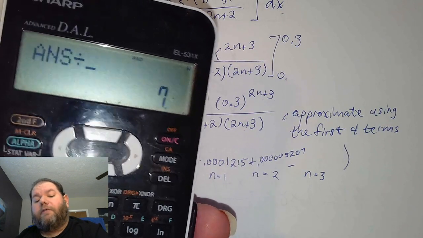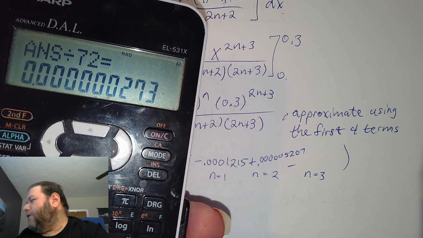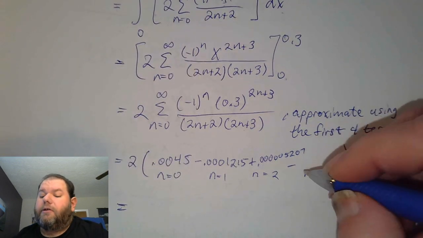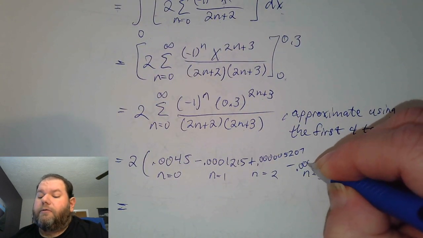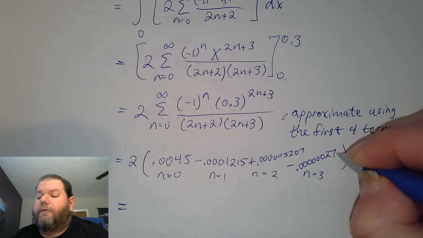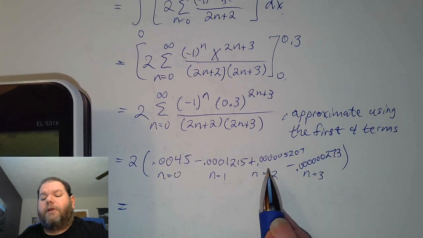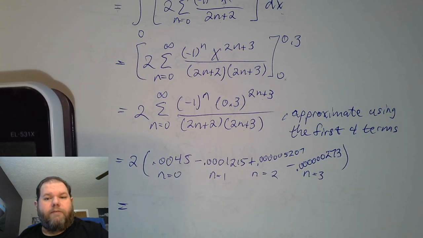I'll divide by 72. So we get 6 leading zeros and then 273. Alright, and now I'll just put these 4 numbers all together and then multiply by 2, and we have our approximation.